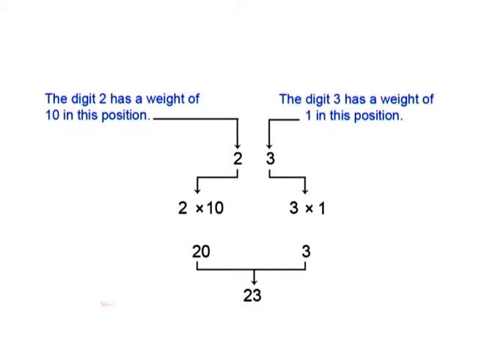If, for example, you wish to express the quantity 23, you use, by their respective positions in the number, the digit 2 to represent the quantity 20 and the digit 3 to represent the quantity 3, as illustrated here.